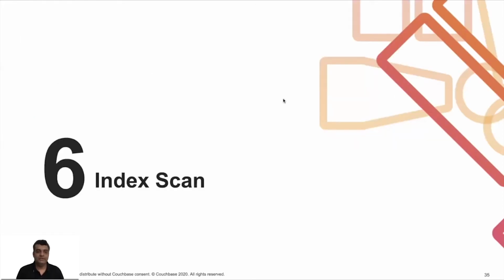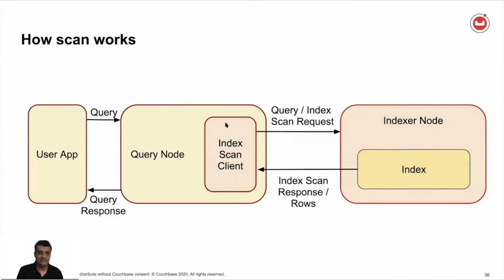Now let's go into the details of how index scans work. So this is a very high level diagram. The user app will directly talk to the query process that is running on the query node. Within the query node, there is a component library called the index scan client. This index scan client is responsible for talking to the indexer node.